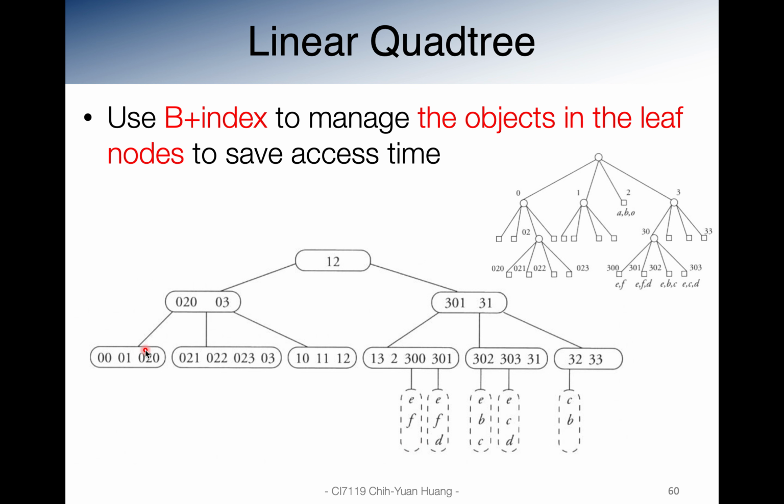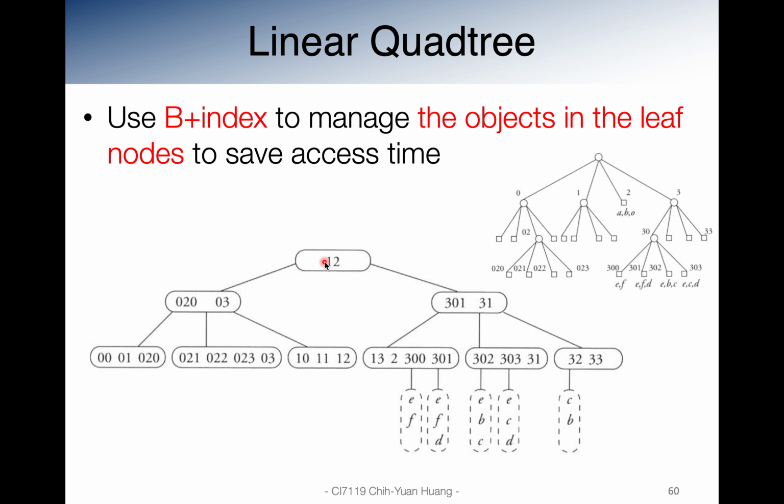Because this is a B plus tree, how to construct it is what we mentioned before. You should already know that to divide the first half and second half, you are going to use one divider over here, and in this case you will be using 1, 2.